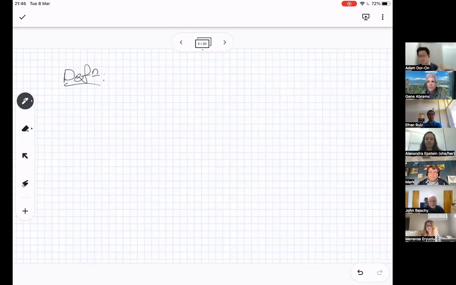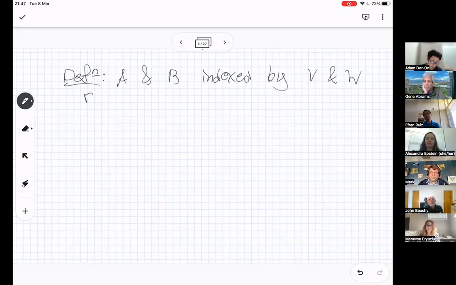Is there a nice or natural way to strengthen it into something that is not too strong, not stronger than strong shift equivalence? This is what I'm going to say next. I'm going to present you with a strengthening of shift equivalence. So suppose A and B are square matrices indexed by V and W respectively.